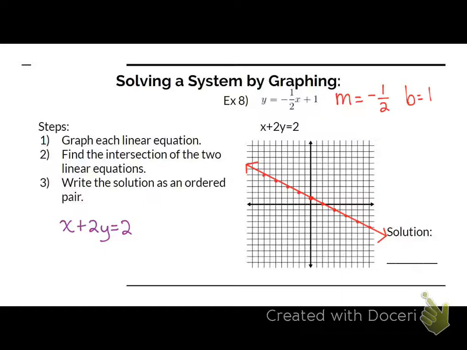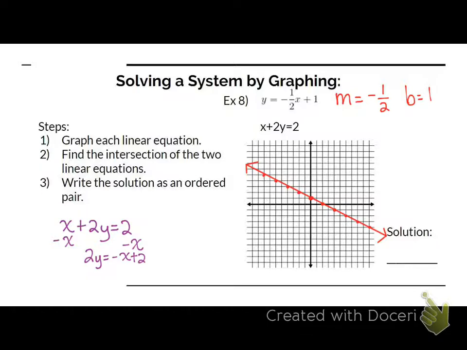Let's leave the 2y where it is. Subtract the x. We want to get stuff away from the y, so I would recommend subtracting x. If you do it to one side, you better do it to the other side. 2y equals what? Negative x plus 2. Very good. The correct way to write the other side is negative x plus 2.